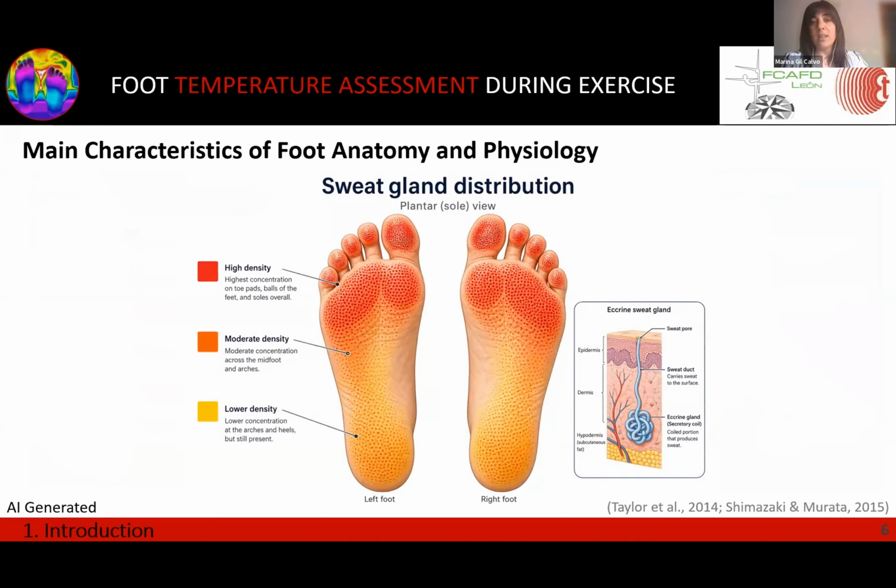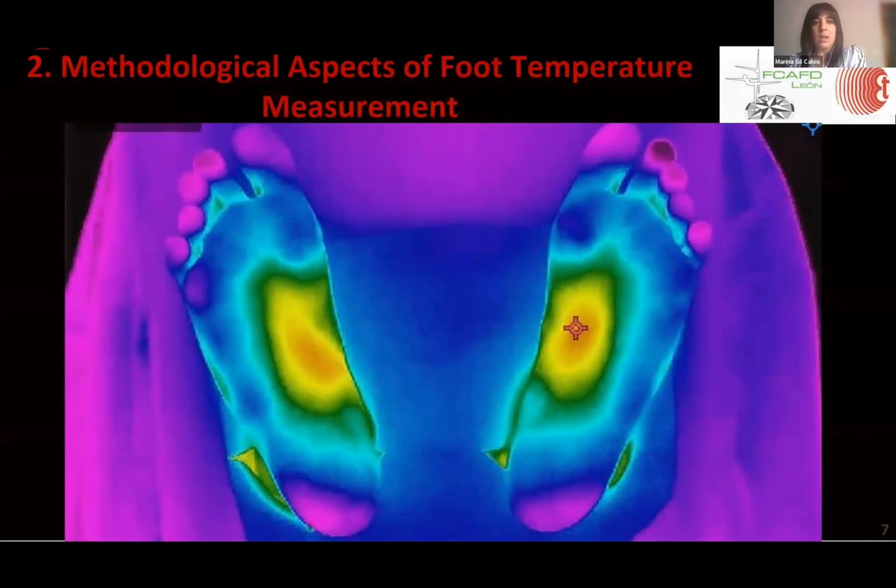So overall, the foot plays a fundamental role in human thermoregulation, acting as a thermal radiator. Therefore, it's very important to understand the effect of both footwear and exercise in order to prevent injuries and optimize athletic performance while we are performing physical activity.